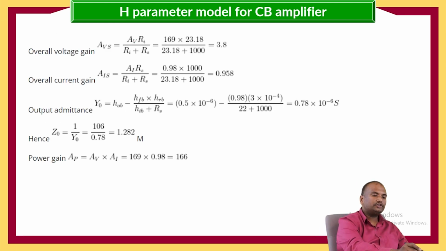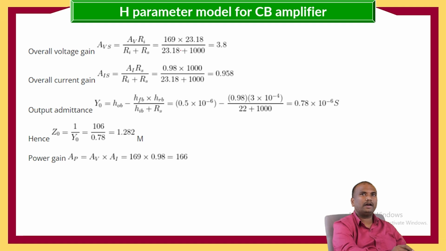And the overall voltage gain is equal to AV into Ri by Ri plus Rs, that is 169 into 23.18 by 23.18 plus 1000, which is equal to 3.8. And the overall current gain AIS is equal to AI into Rs by Ri plus Rs, that is 0.98 into 1000 by 23.18 plus 1000, that is 0.958.